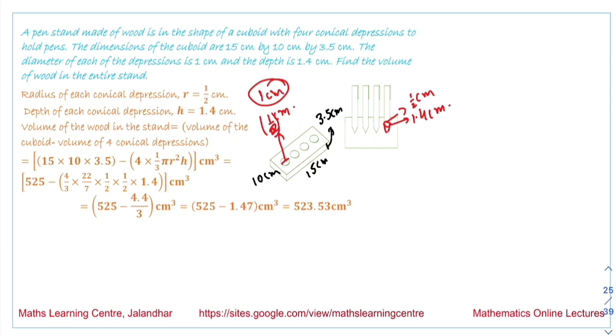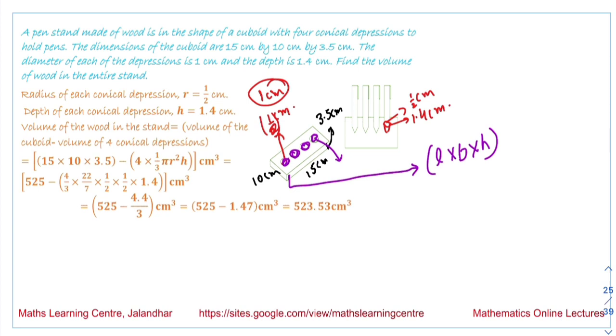So the wood used for this cuboid is length into breadth into height. This is the volume of this whole cuboid, and when these portions are taken out to make the pen stand, we have taken out these conical portions.